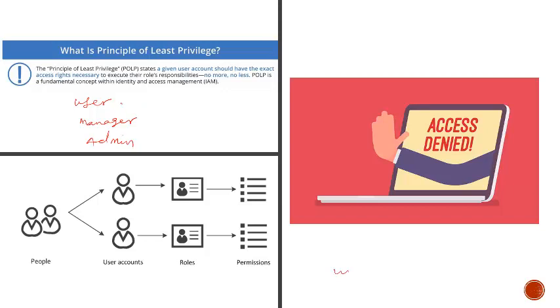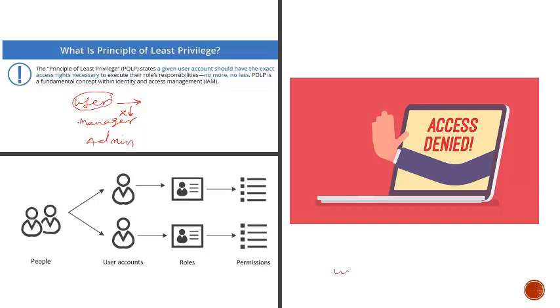Least privilege means that a user should have access to perform user-related functions alone, and should not be able to perform a manager-related role because they should not have the privilege that a manager has. The user will be given enough privilege to just do their function alone.